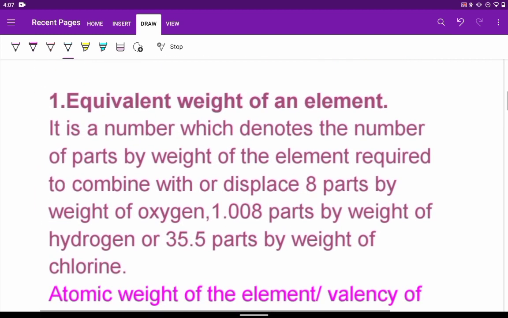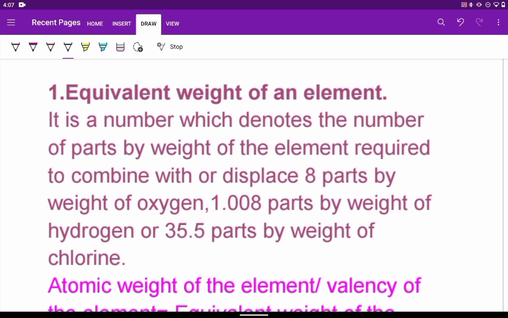First is the equivalent weight of an element. For an element, equivalent weight is a number which denotes the number of parts by weight of that element which is required to combine with or displace 8 parts by weight of oxygen, or 1.008 parts by weight of hydrogen, or 35.5 parts by weight of chlorine.